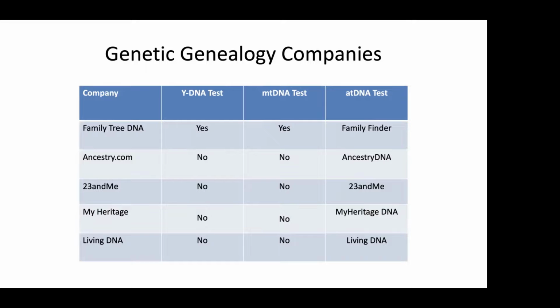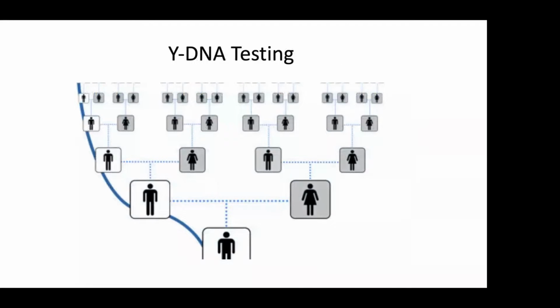The next 3 columns are the 3 test types. As you can see, Family Tree DNA offers all 3 test types, and their autosomal test is called Family Finder. The other companies only do autosomal DNA testing, which is the most widely used test today.